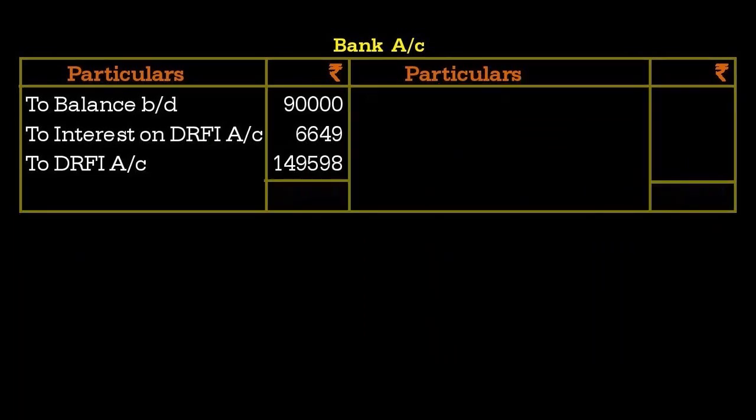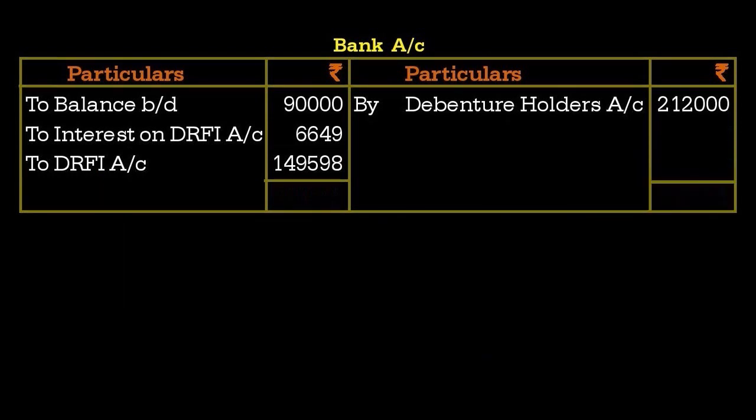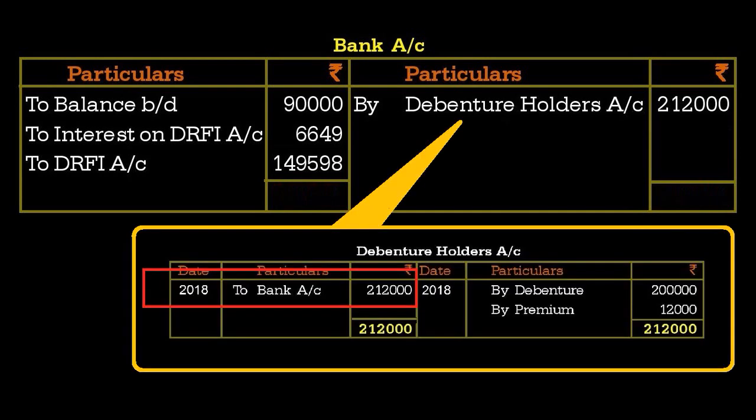Go to investment account. There we have written in the last year by bank, that is 90% realized, right? By bank account 1,49,598. That amount we have to write. That is the amount realized by selling the investment. So 1,49,598 rupees we got. So let us pay the debenture holders. Bank account. Just go back and see the debenture holders account. In debenture holders account, to bank account we have written.